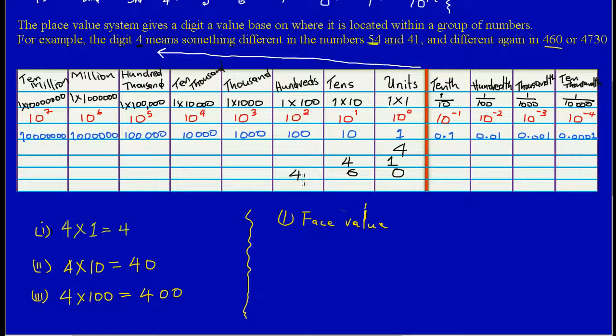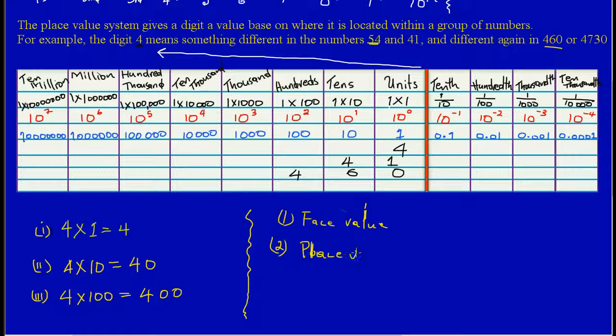For example, when you look at a person, you see their face. So when I look at the 4, the face value of 4 was 4. Number 2, the second value that a digit has is a place value.